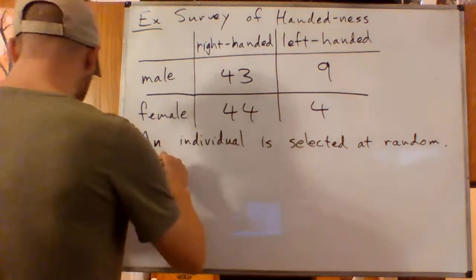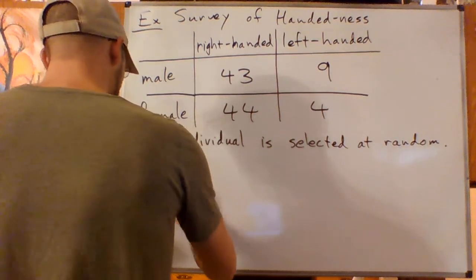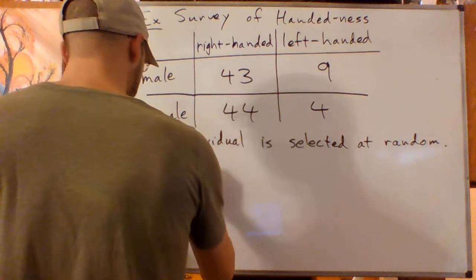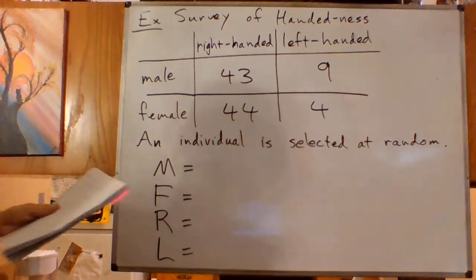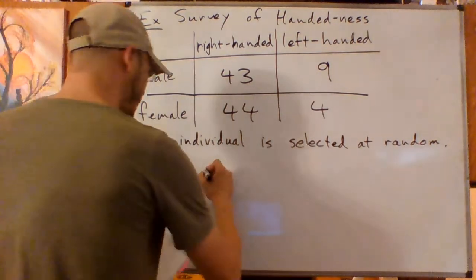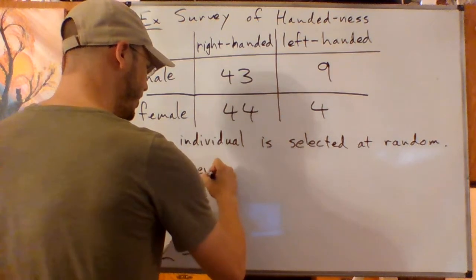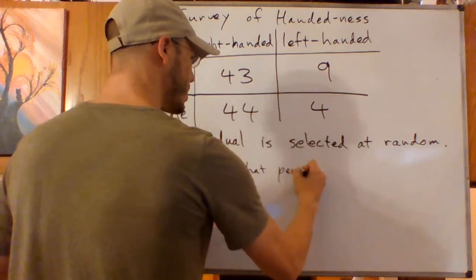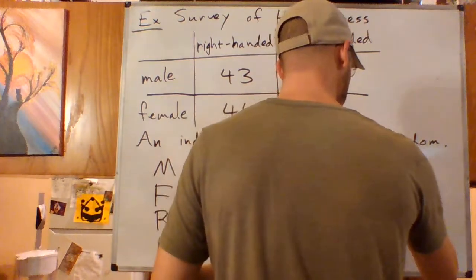We're going to have 4 different events of interest: M, F, R, and L. M is going to be the event that person is male.